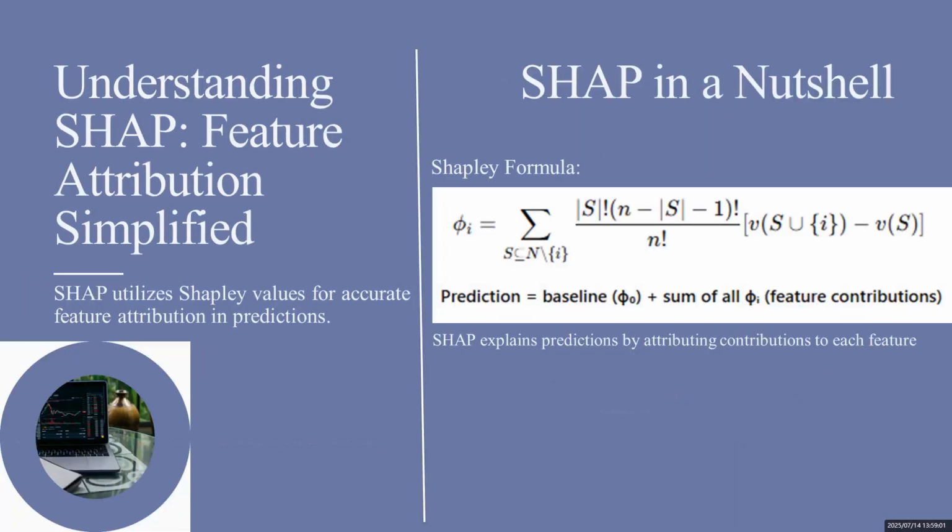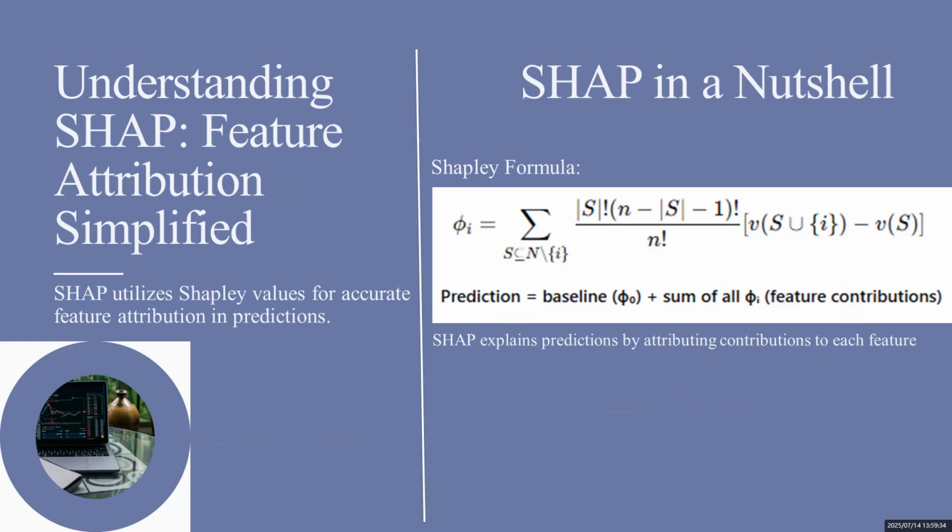Now, understanding SHAP: feature attribution simplified. SHAP utilizes Shapley values for accurate feature attribution in prediction. SHAP in a nutshell: if you look at the formula for SHAP, the prediction is equal to the baseline plus the sum of all feature attributions.